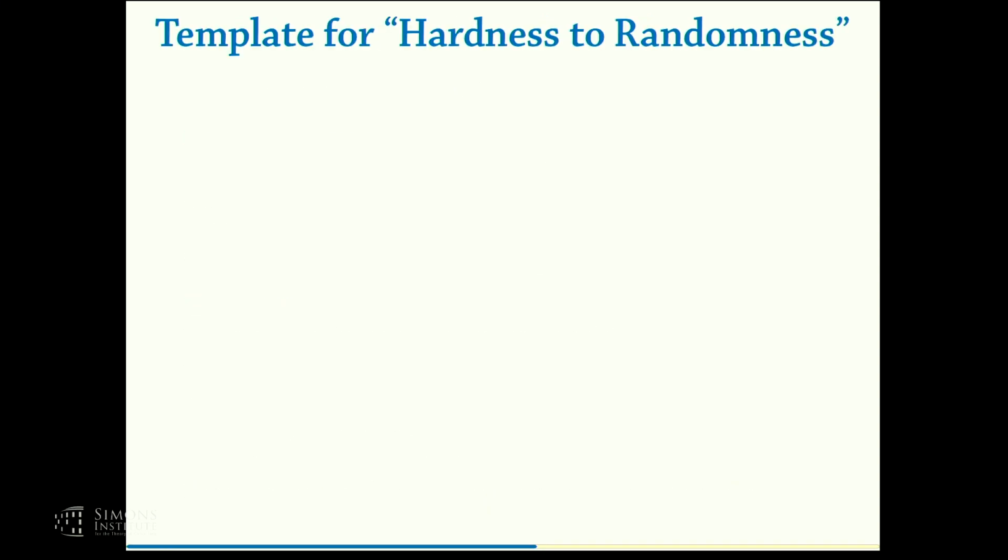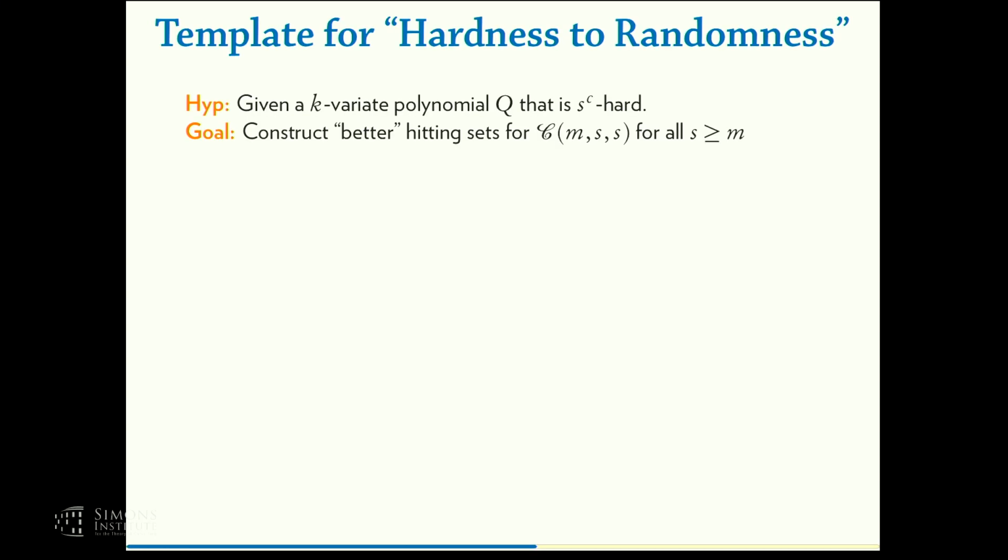Okay, so here is a typical template for this hardness-randomness trade-off. The hypothesis will often say that I have a k-variate hard polynomial that's usually a little harder than what you want to construct a hitting set for. So if you want a hitting set for, say, size s, you will need something like s to the c hard, where c is some constant. What do you do?